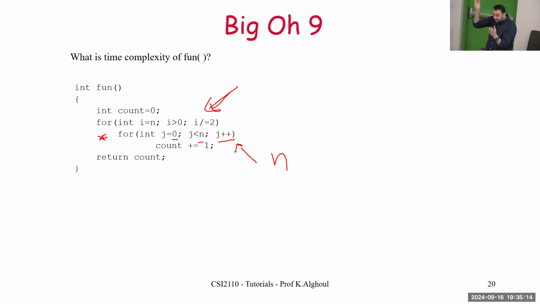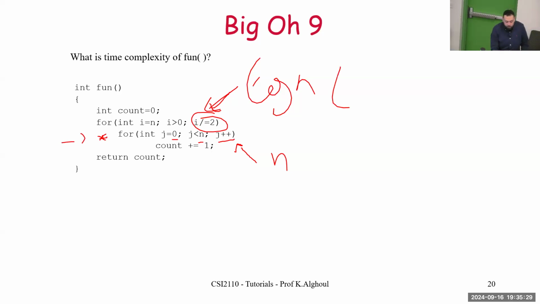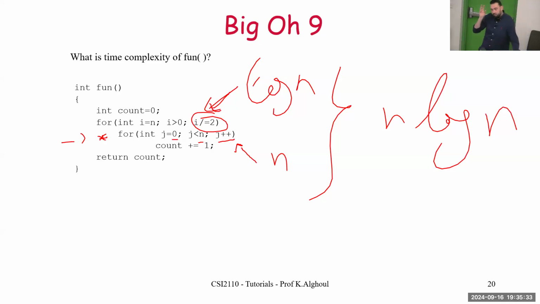No, it's division. So the trick here is whenever you see division or multiplication, you're going to think logarithmic. So now this is going to be log n. Because we have a multiplication here, we're going to end up with n log n. Good? Better? Very good. Anyone else?